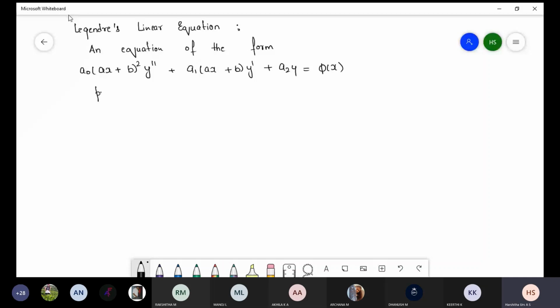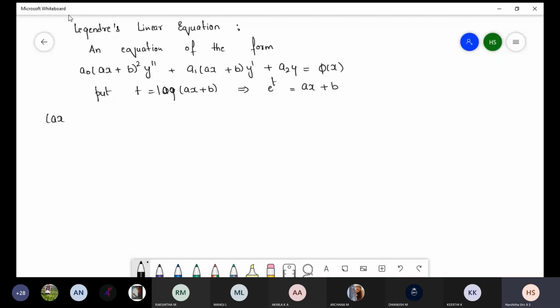Here put t is equal to log of ax plus b. So again applying exponential on both sides, e power t is equal to ax plus b.